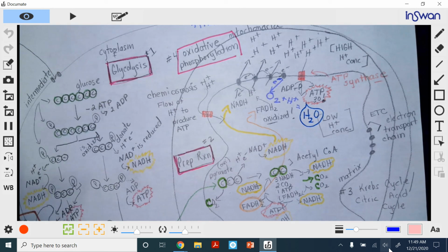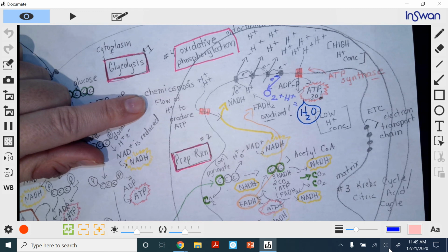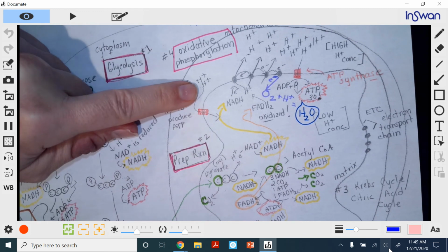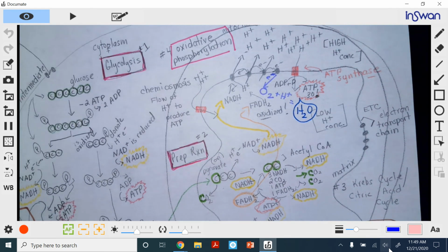Okay. Chemiosmosis. That's a term they like to ask you about. So when you see chemiosmosis, I think you'll recognize the osmosis, but it's not the flow of water. It's the flow of these protons. Chemical atoms, molecules can be considered chemicals. Okay, so it's chemiosmosis.